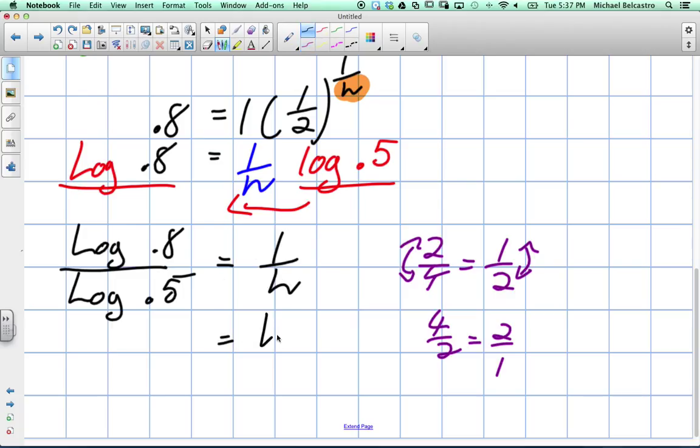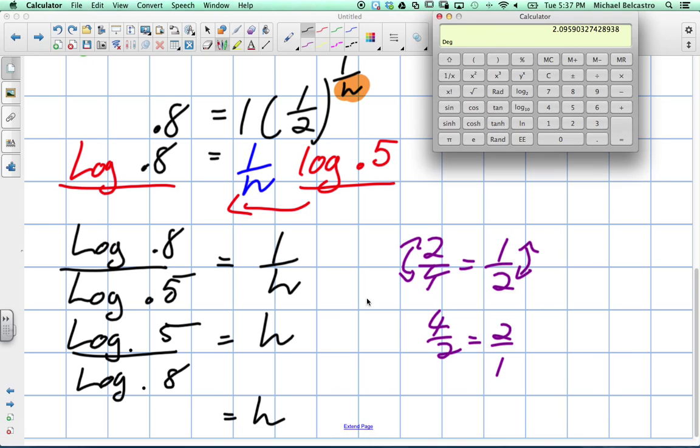So we now have h over 1, which I don't need to write in, is log 0.5 divided by log 0.8. Then this becomes a simple calculation with our calculator. Log base 10 of 0.5 divided by log base 10 of 0.8 is equal to 3.106.